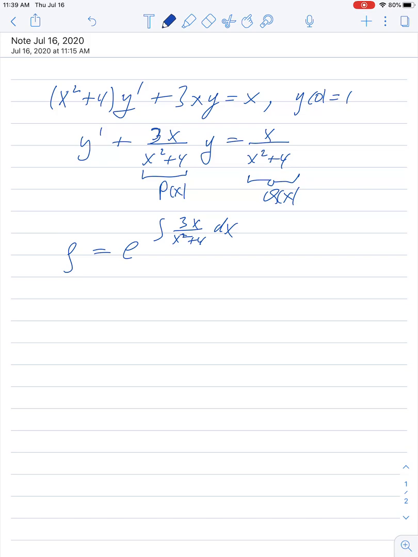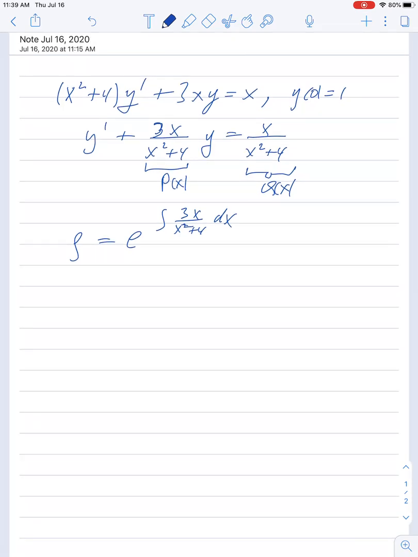We evaluate it using the substitution u equals x squared plus 4, so du will be 2x dx. We can replace directly x dx, this product is over there, so we write x dx is 1/2 du.